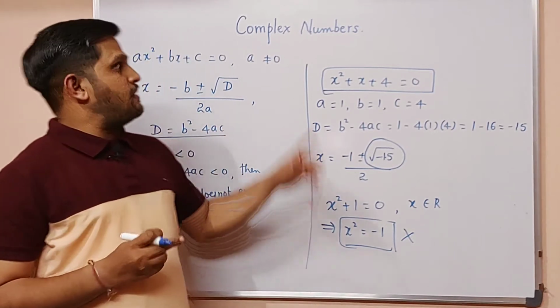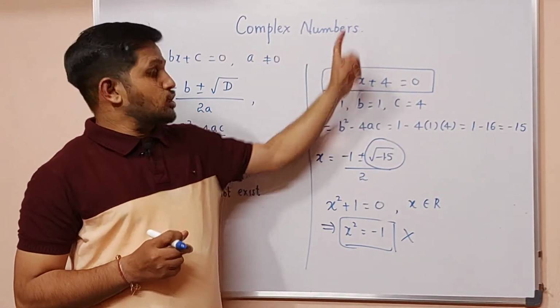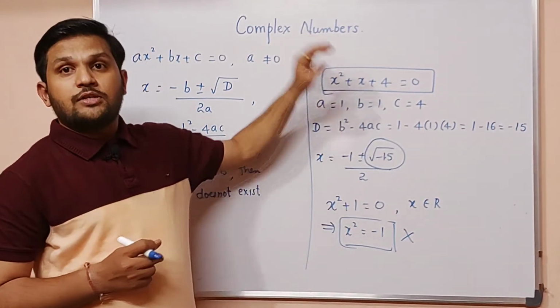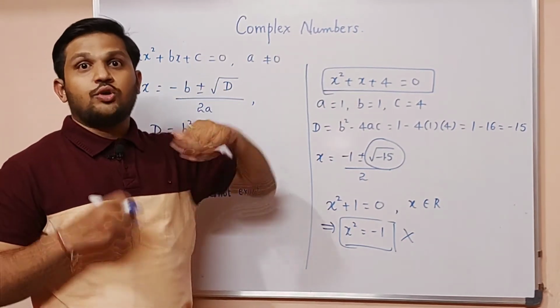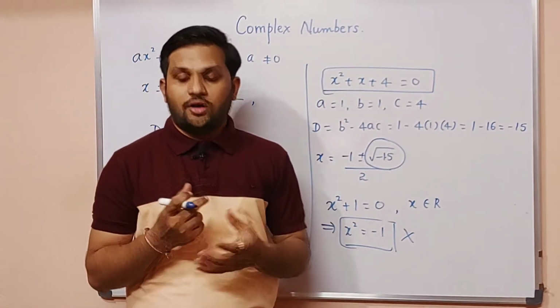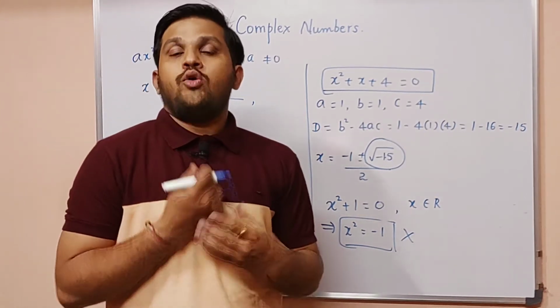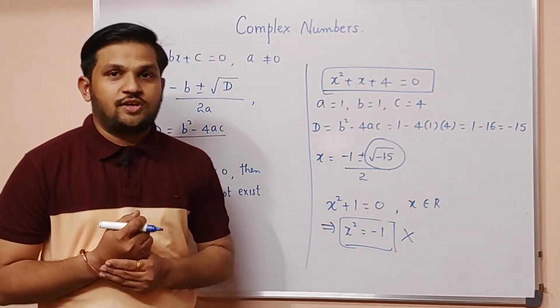That larger number system we call complex numbers. The solutions of these kinds of quadratic equations exist only in the complex numbers. Now the question arises: what are these complex numbers, and how do I represent a complex number? Those we will discuss now.